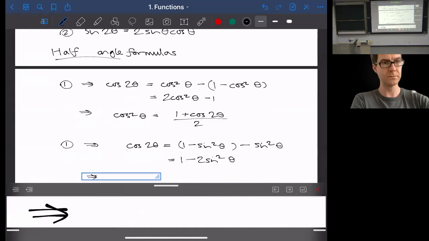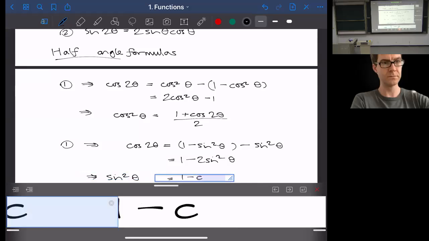And so we get a formula that sine squared is (1 - cos 2 theta) over 2.